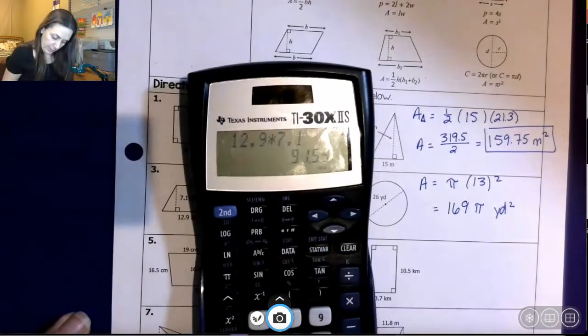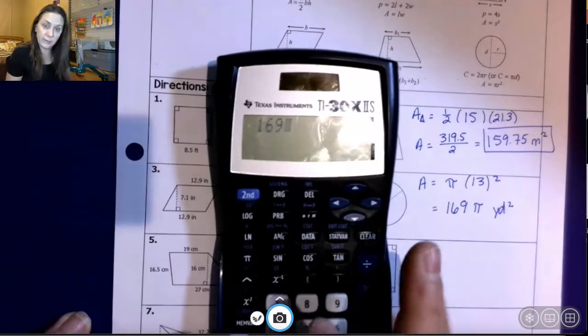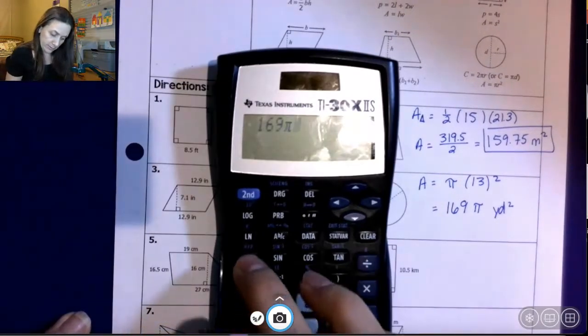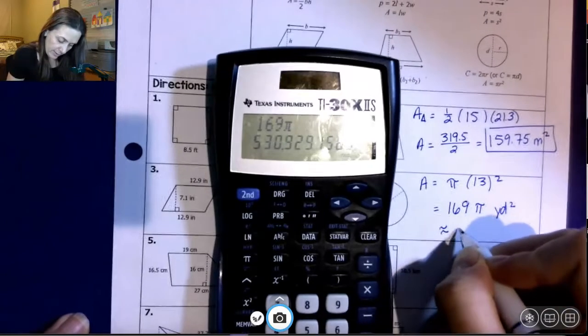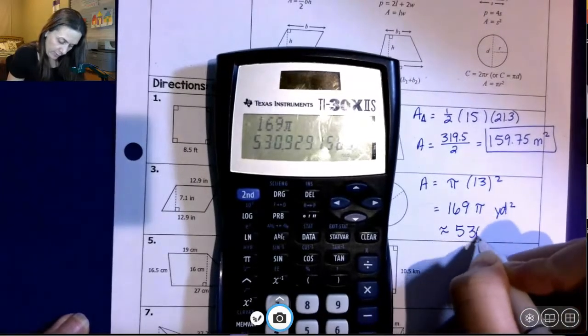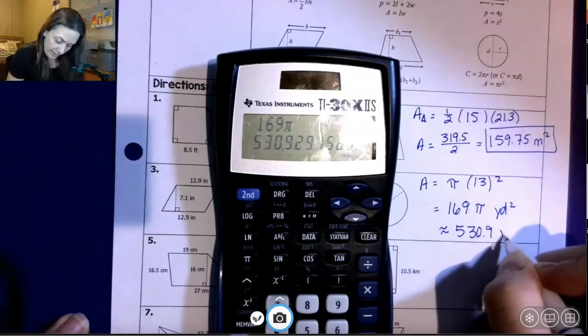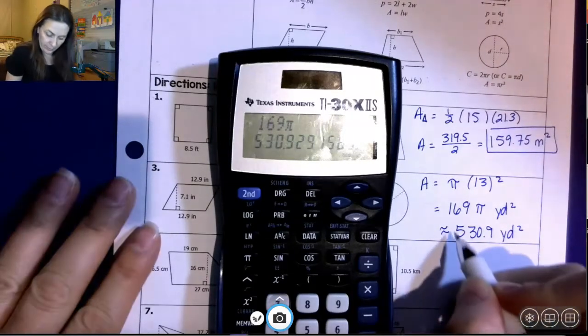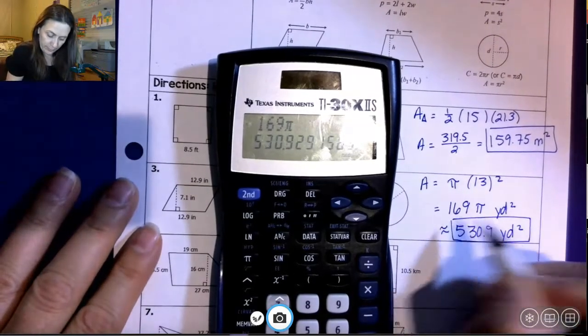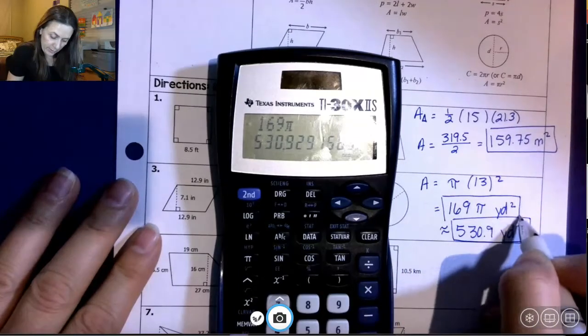Now you could always plug that in your calculator, 169 times the pi symbol, giving us approximately 530.9 yards squared. I'm going to approximate because I'm going to round it to a decimal. Either of these is good.